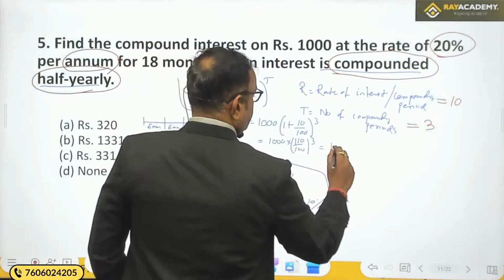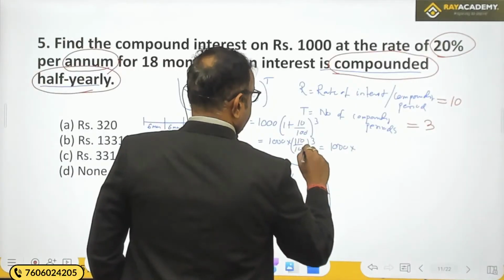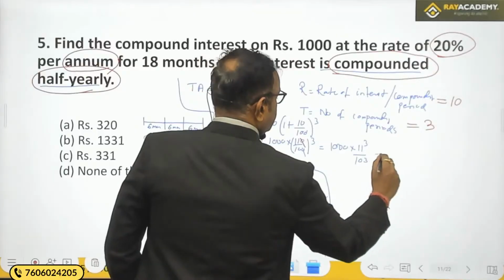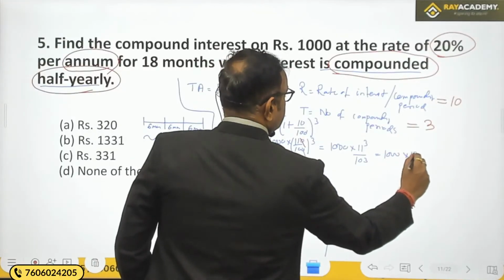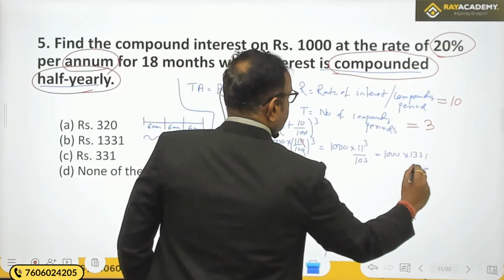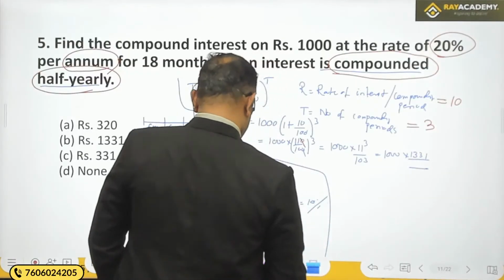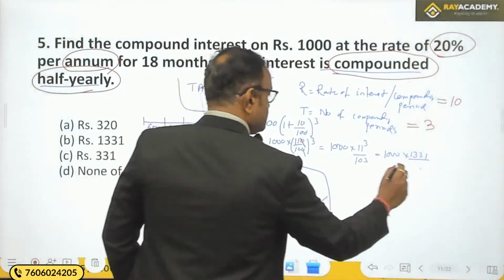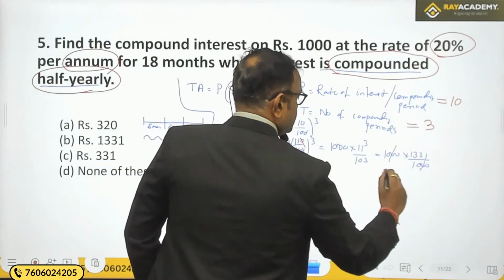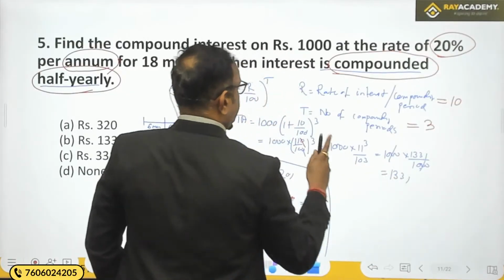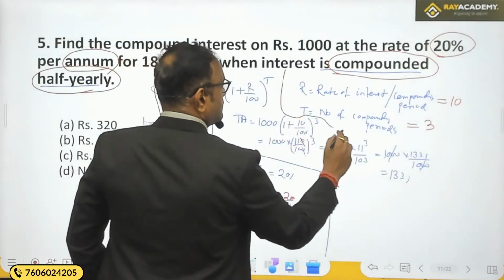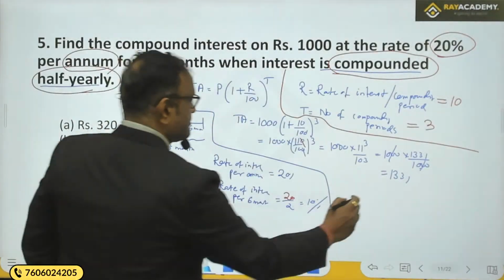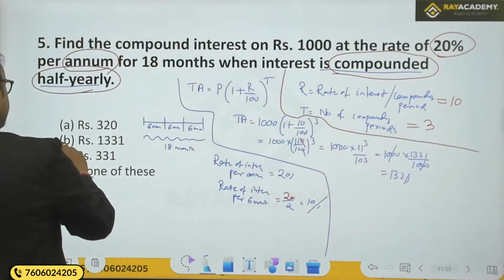So it is 1000 into 11 cube by 10 cube. 11 cube is 1331, and 10 cube is 1000. So the answer is 1331. 1331 is your answer. The right answer is option B.